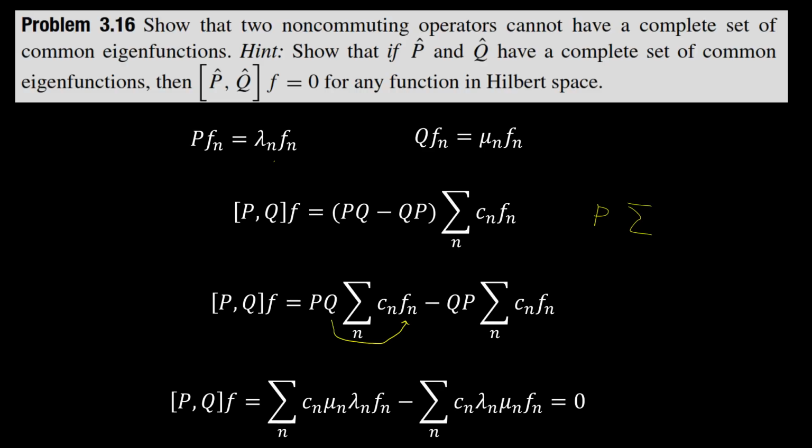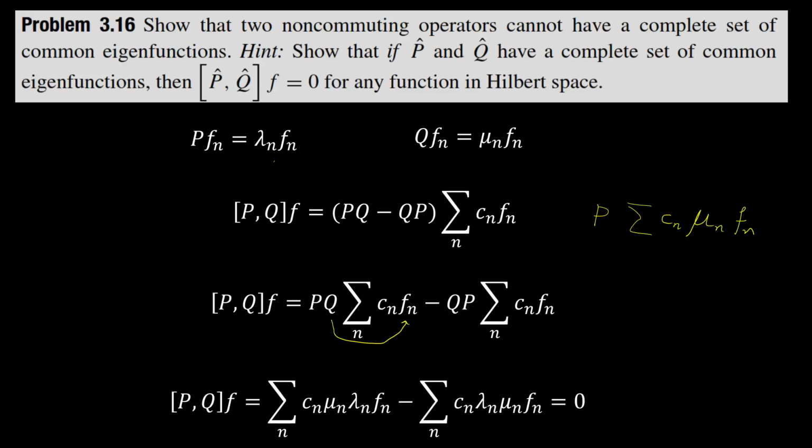You have to follow the operators in the order given. So when q acts on f n, it gives the eigenvalue mu n, c n is a constant you take out, and mu n f n.